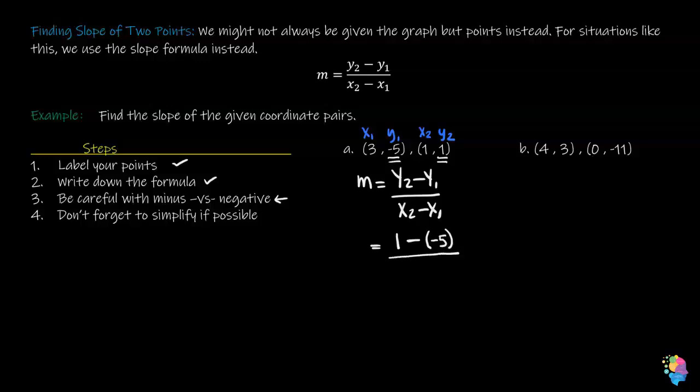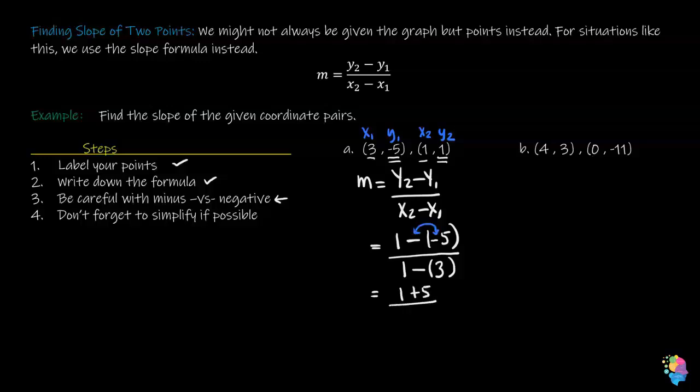over x2 here is 1, minus from the formula, and then I'm going to bring the number from x1, and in this case is 3. Now we have to be careful here. The negative is going to turn this into addition. So this is 1 plus 5.